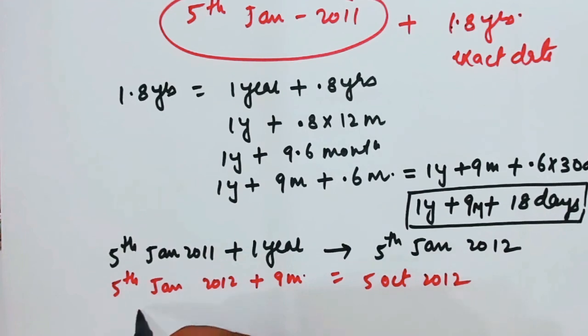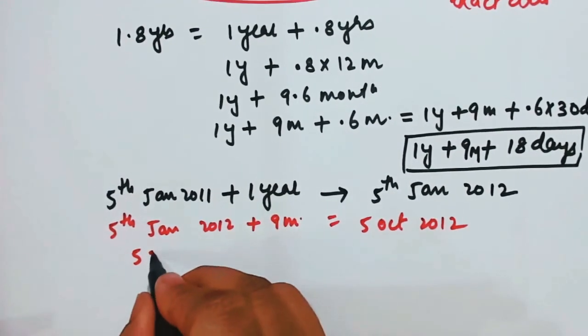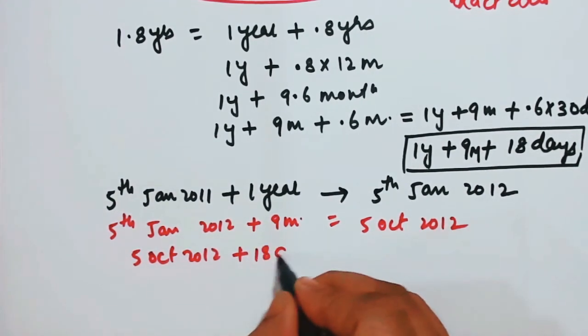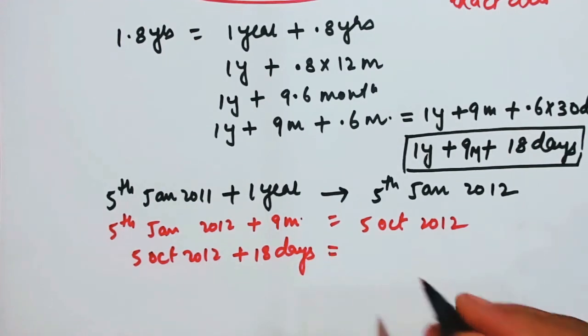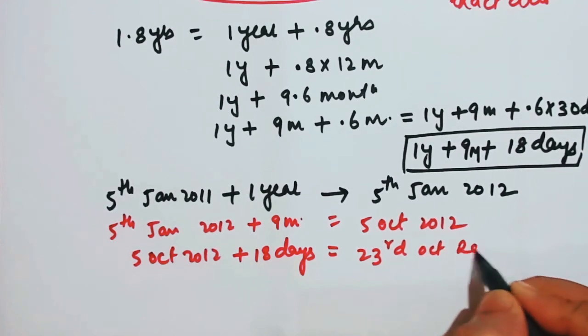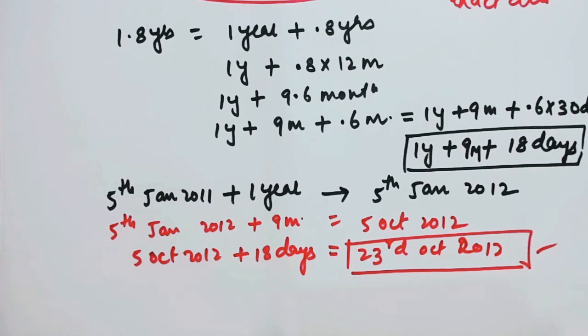Now in 5th October 2012, you add more 18 days. So what will you get? You will get 23rd October 2012. This is your final solution. So this particular principal became the given amount on 23rd October 2012.